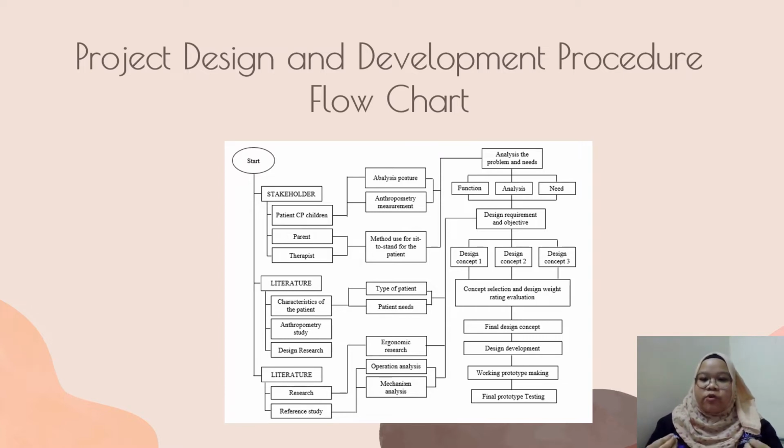We came out with the design requirement and the objective. From the design requirement and the objective, we do design concepts 1, 2, and 3. And then after that, the concept selection, design weight, and rating evaluation to find the final design concept. After that, we develop the final design concept, and then we make a working prototype, and finally we test the final prototype.